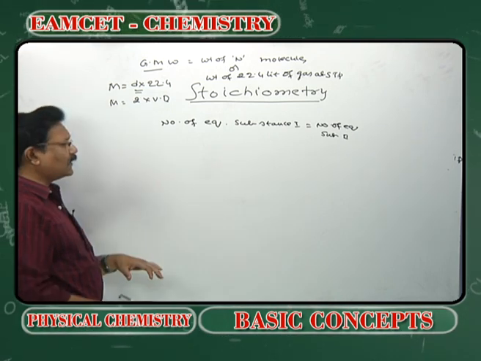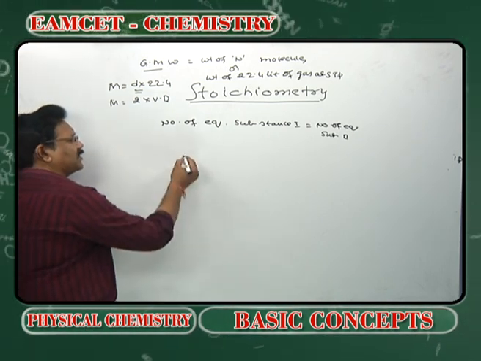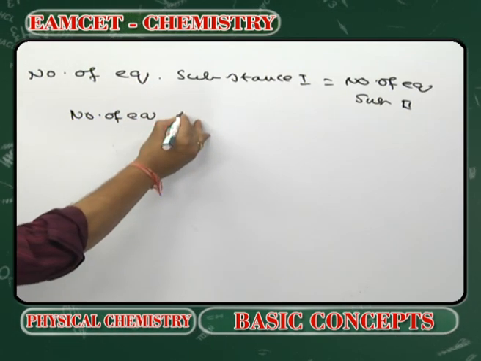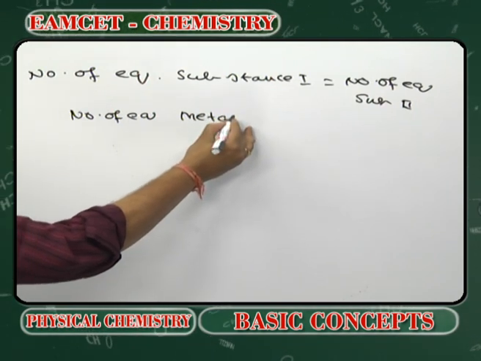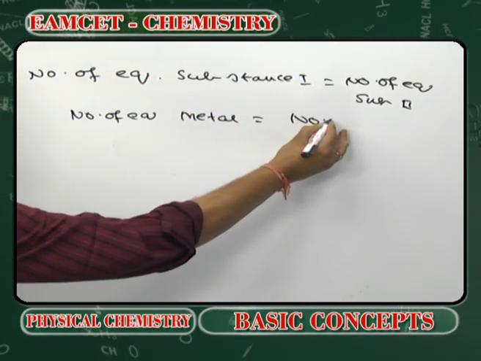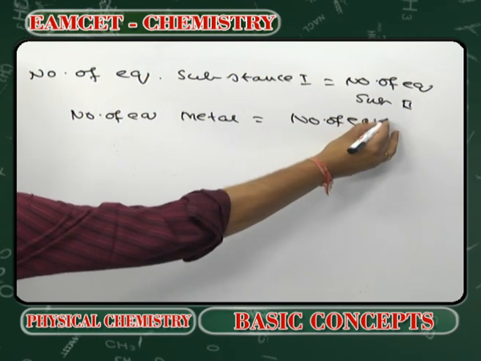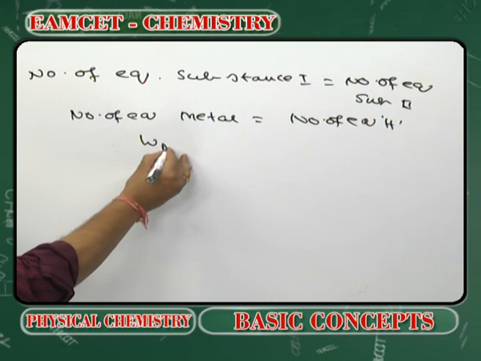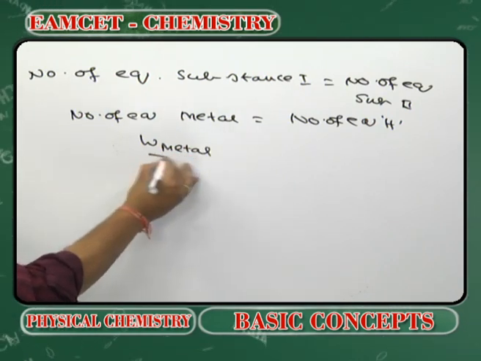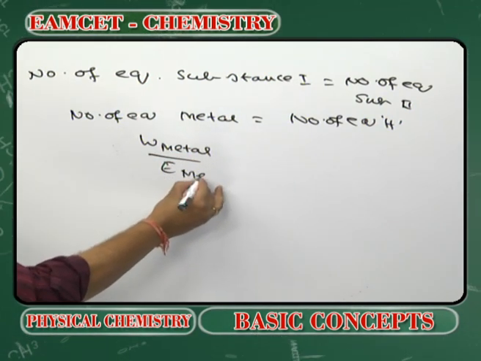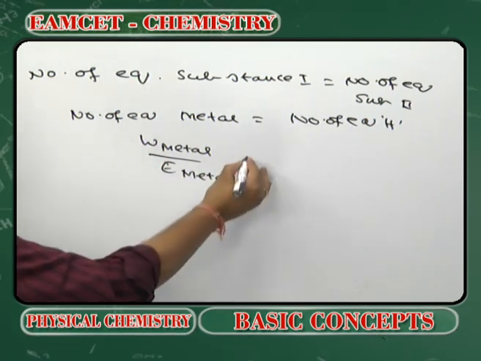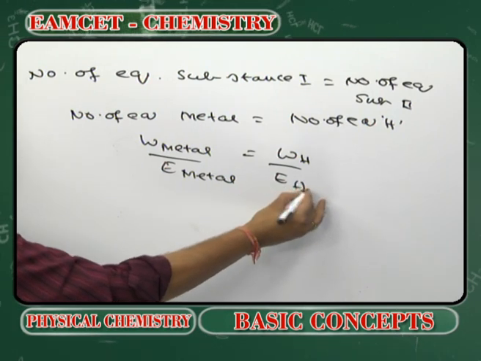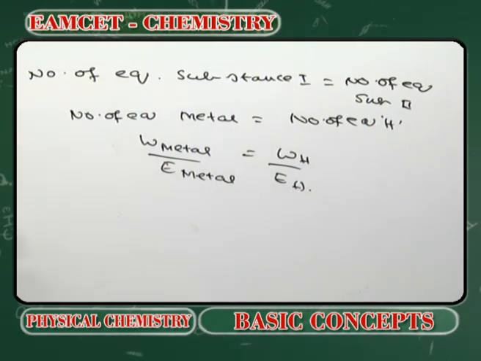Now, the number of equivalents of the metal must be equal to the number of equivalents of the hydrogen. How do you get it? Weight of the metal by equivalent weight of the metal must be equal to weight of the hydrogen by equivalent weight of the hydrogen. What is the weight of the metal?